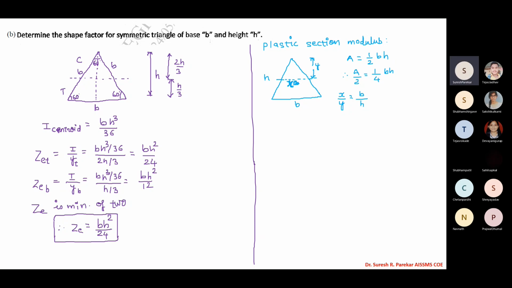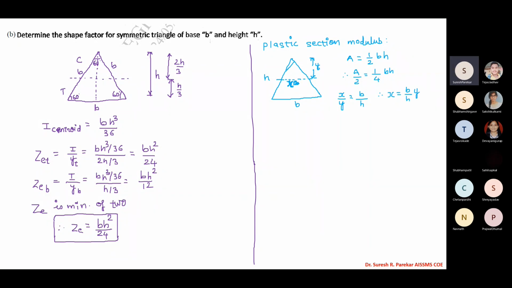Two triangles, one with base X and height Y, and second with base B and height H. From this we get X equal to BH upon Y.